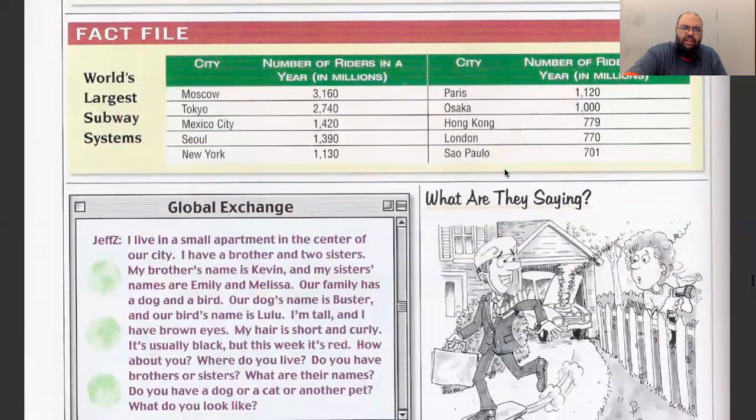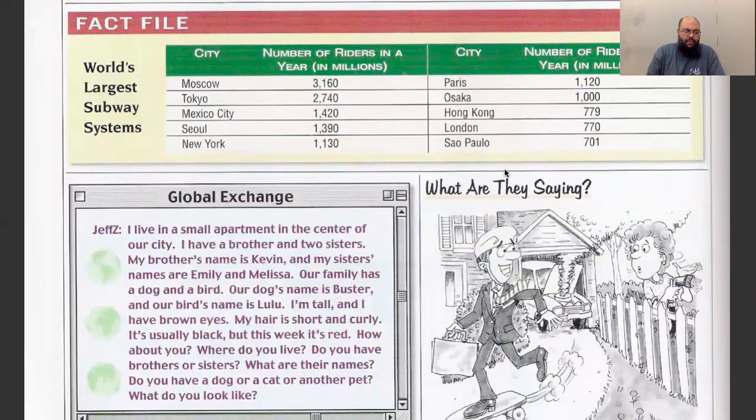So let's look at the number of people. Fact file. In Moscow, there are 3,160 millions of riders in the subway. In Tokyo, 2,740. In Mexico City, 1,420. In Seoul, 1,390. New York, 1,130.